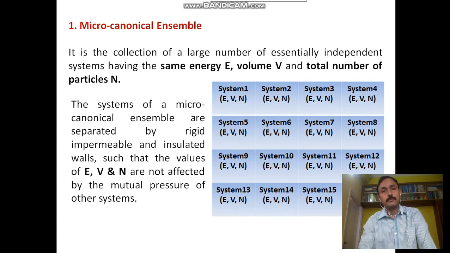Microcanonical ensemble. It is a collection of a large number of essentially independent systems having the same energy, volume and total number of particles N. The systems of a microcanonical ensemble are separated by rigid, impermeable and insulated walls such that the values of E, V, N are not affected by the mutual presence of the systems.